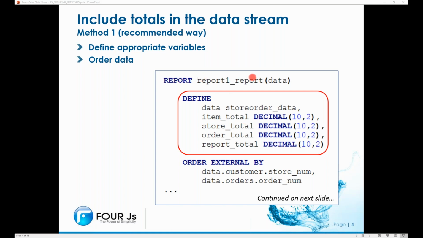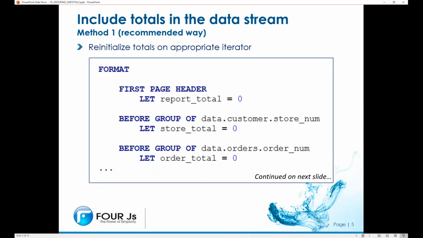So I go into the report block that we had generated, and I add these variables to the report block. I now need to add some control blocks to my report block. The control blocks are where I reinitialize my totals to 0.